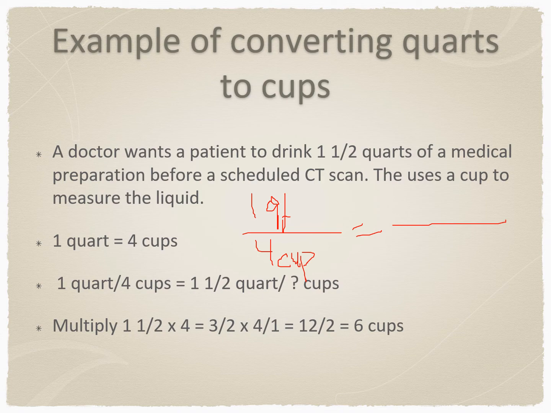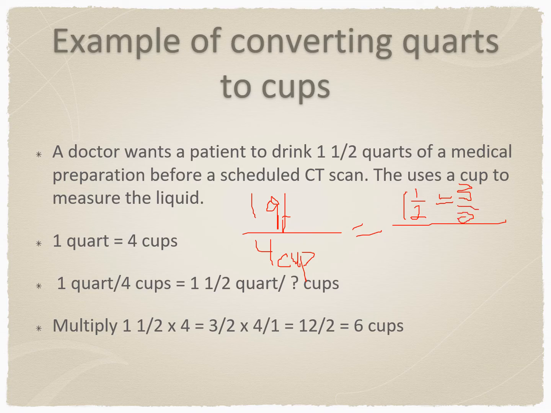I'm going to stick with the fraction format just because that's what we're using right now. So 1.5 is also equal to 3 over 2. You take 2 times the 1 plus the 1, which is 3 over 2.